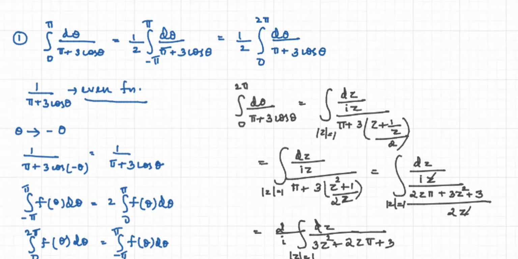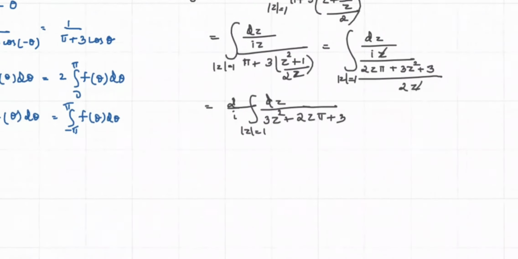Now we are going to find the singularities. We are finding the singularity by equating denominator equal to 0.